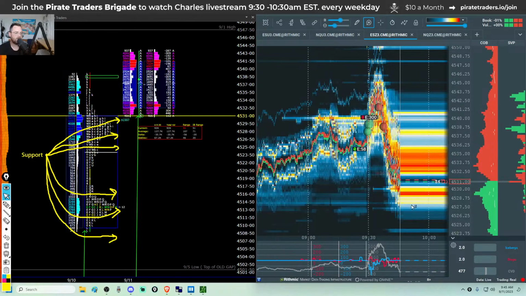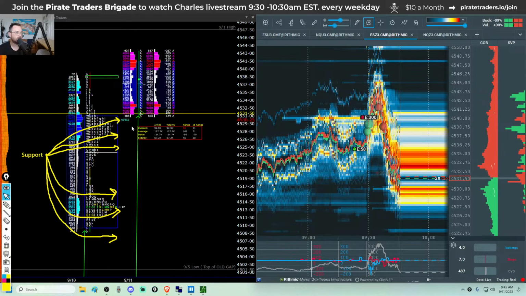The fact that I see very little to no liquidity below 45.30 tells me it probably won't be support. We'll probably need to pull back a bit more into the gap.